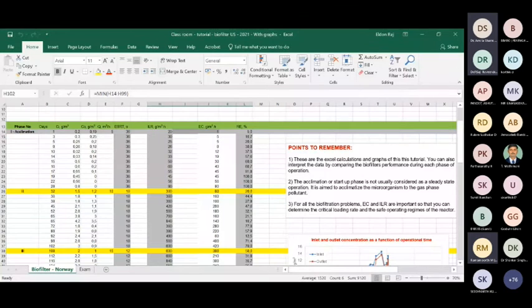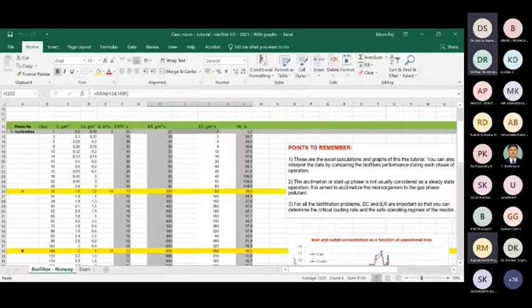Okay, friends. So I think all I have now is the empty bed residence time, the inlet loading rate, the elimination capacity, and also the removal efficiency.